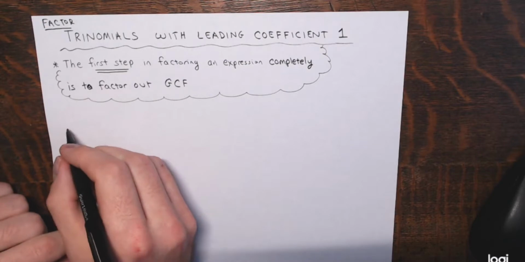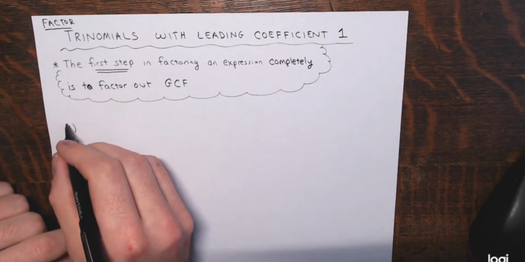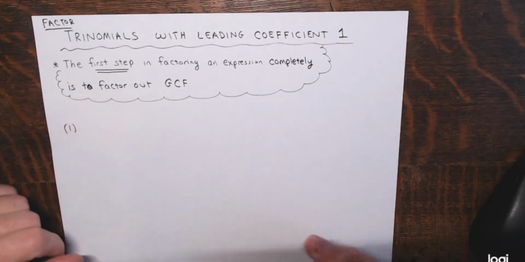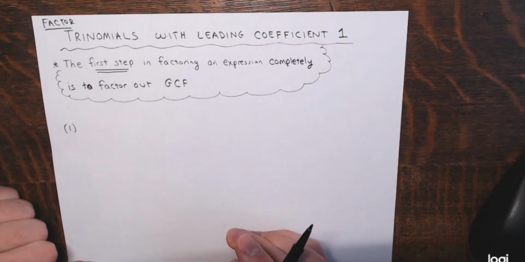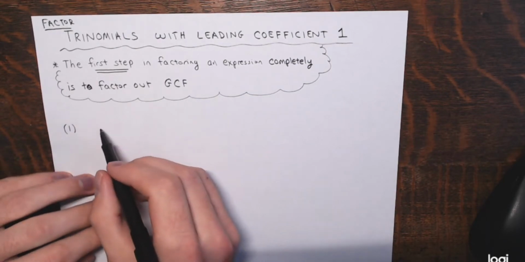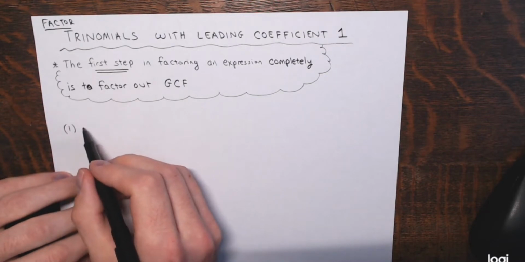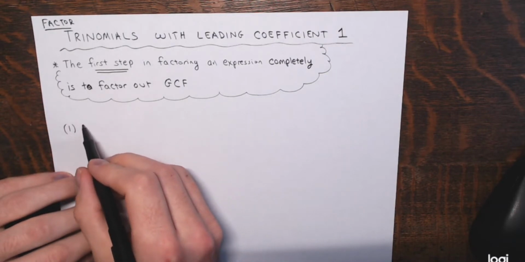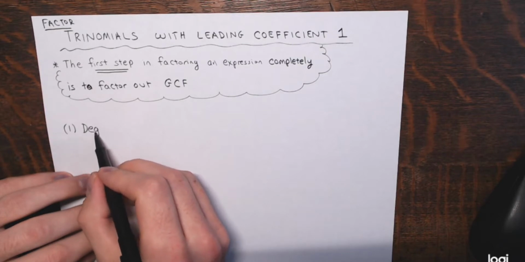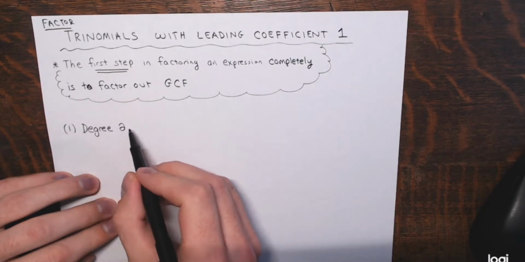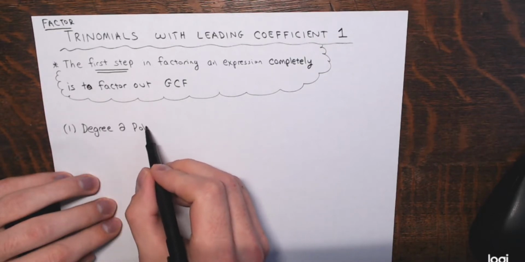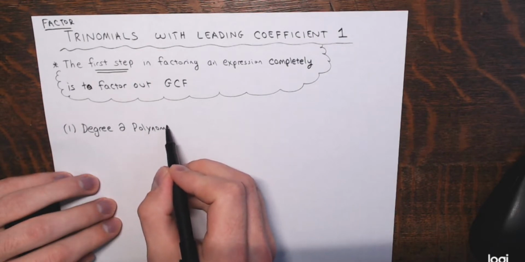Now, there are technically 2 different forms of a trinomial that we're going to be able to factor in this assignment. One looks like this, a degree 2 polynomial with a single variable.